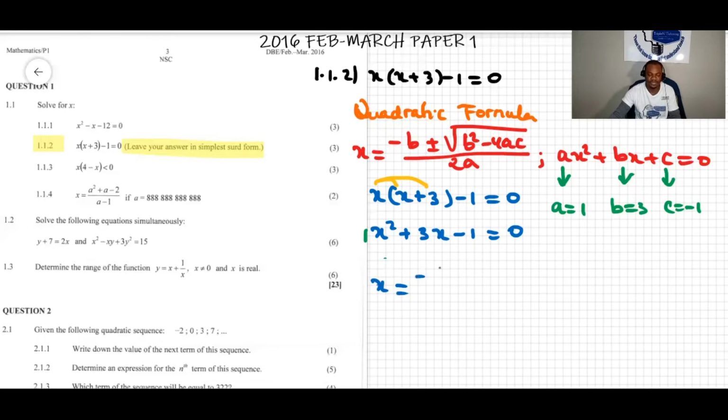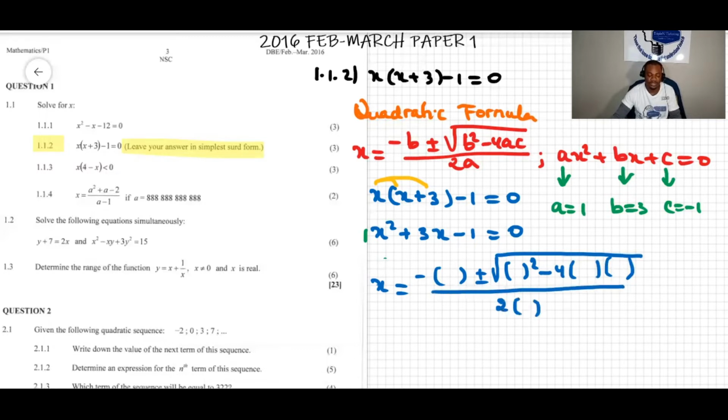It's given by negative b plus minus square root of b squared minus 4ac all over 2a. Then I can substitute the values of a, b, c.